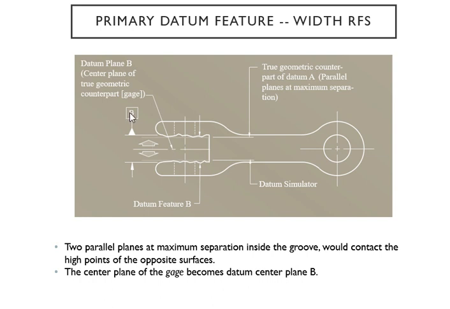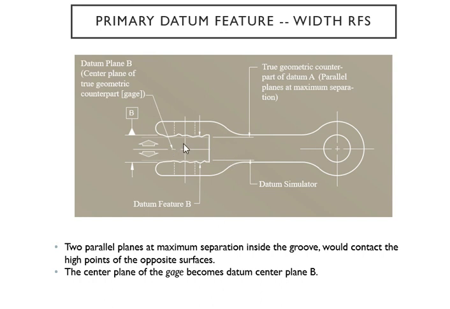Why do we say it? Because of this datum. If this datum is somewhere else, then the center plane is going to change. Right now, your datum is showing you from here to here, so the center is right there. So since you have a center, you have 2 lines that you measure the center from, and those 2 lines got to be at maximum separation.